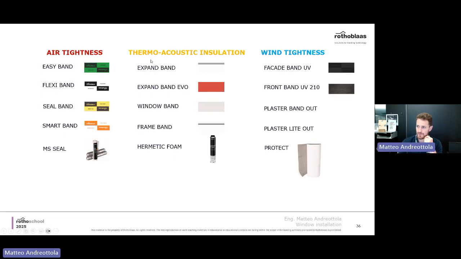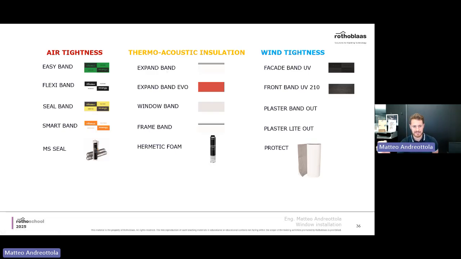I told you that for the thermoacoustic insulation, you have, again, very many options. You have foam, you have bands, but the one that I like the most is the expand band. In my case, I'm used to using something like that. It's not a tape.